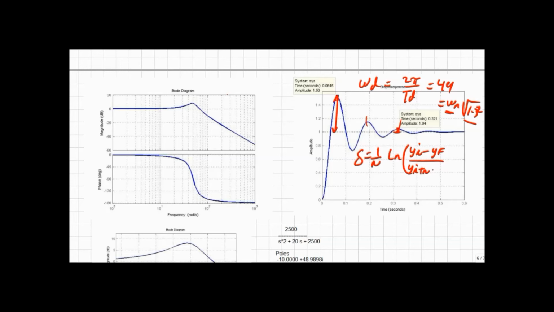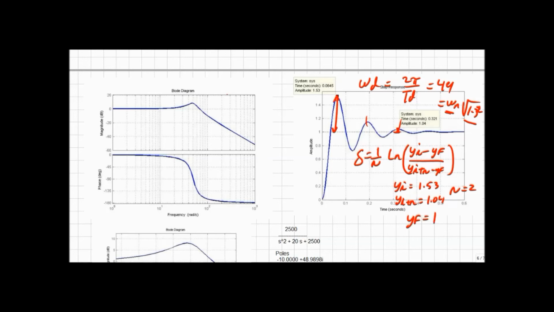My yi equals 1.53, yi plus n equals 1.04, where n equals 2, and yf equals 1.